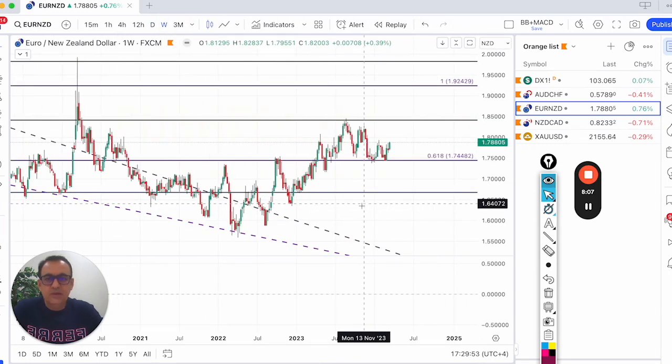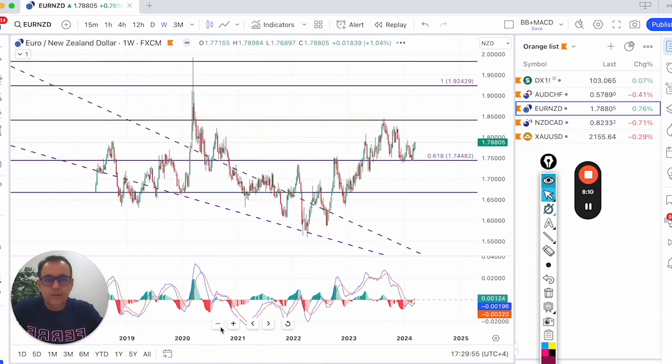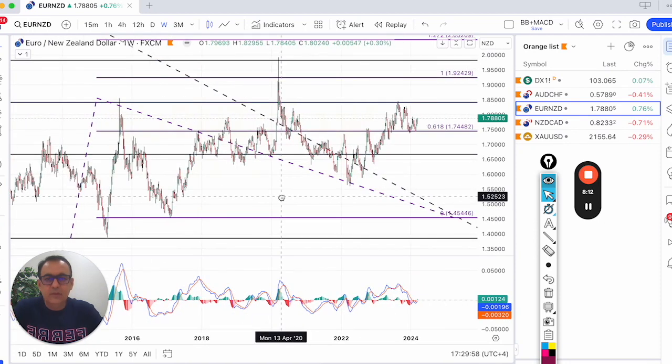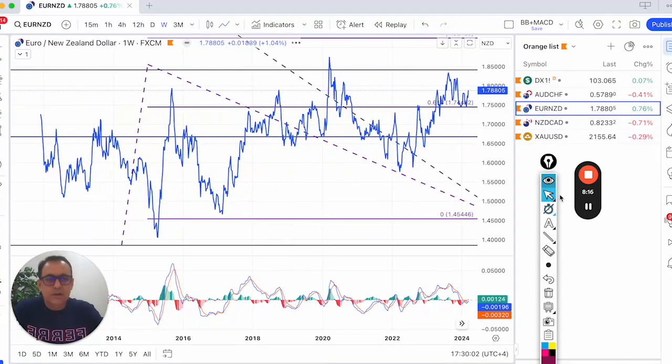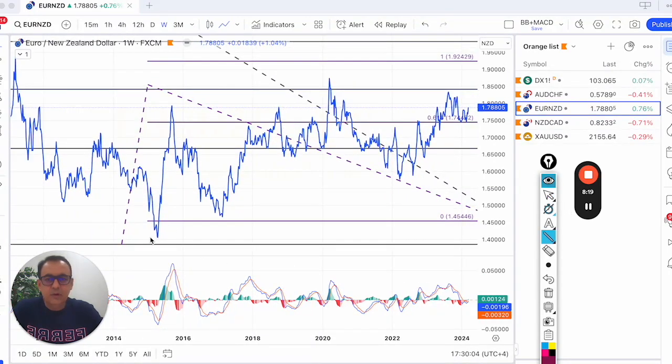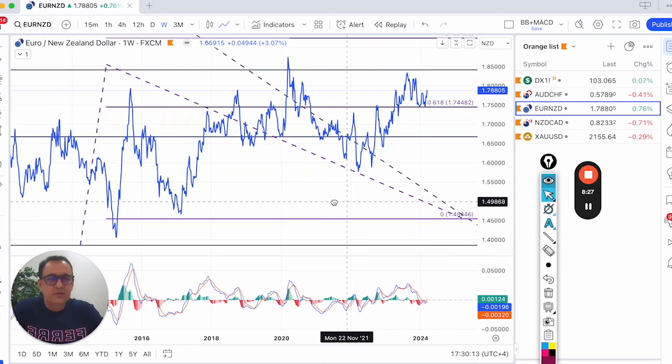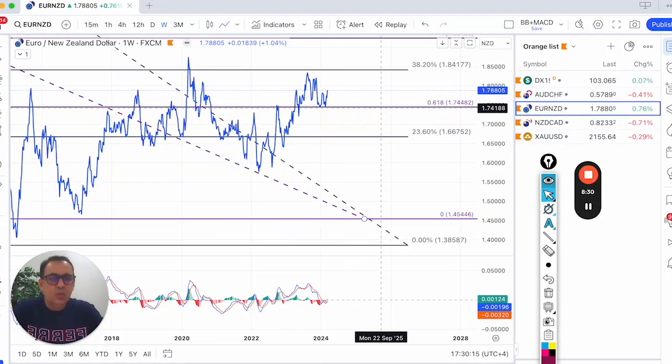Now based on weekly chart, I've already applied Fib extension in the upward direction, turning it into a line chart, and based on Fib extension plotted from this swing low to the first high and then covering the higher low, we have an important Fib extension level of 618 at 1.7448, and currently the market has taken support exactly on this level.